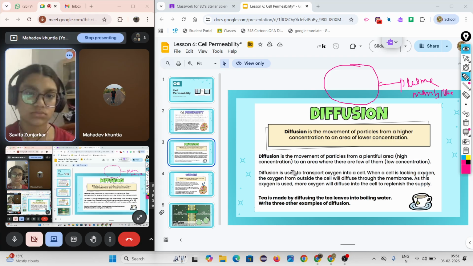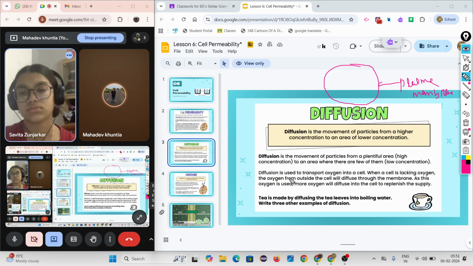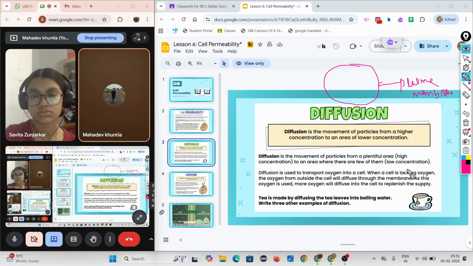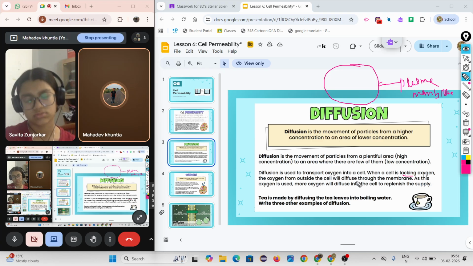Now, diffusion is used to transfer oxygen into a cell. When a cell is lacking oxygen, meaning decreasing, the oxygen from outside the cell will diffuse through the membrane. As this oxygen is used, more oxygen will diffuse into the cell to replenish the supply.